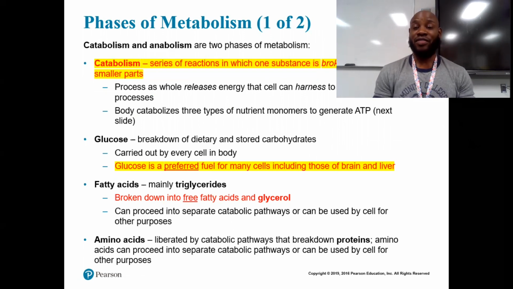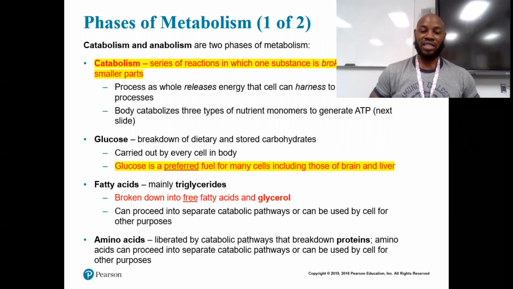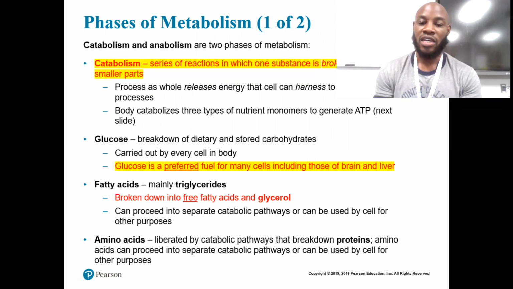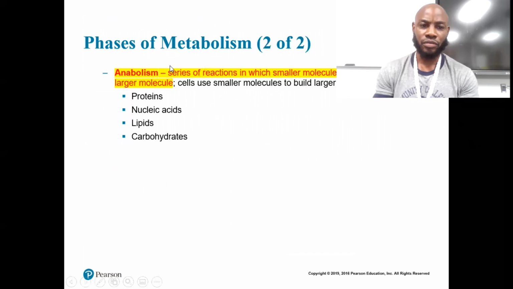Your body does need fat, and amino acids can actually be broken down. They can break down proteins. That's not the preferred method. Usually your body wants to use glucose or fatty acids, but it can also break down protein and use that for energy. And then we have anabolism.